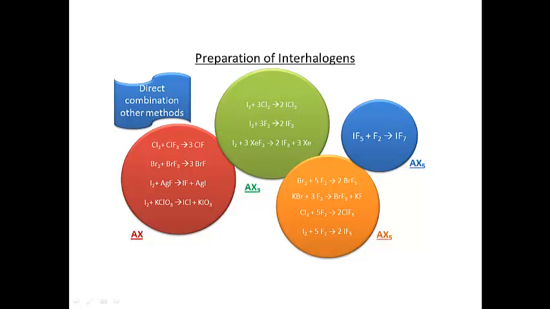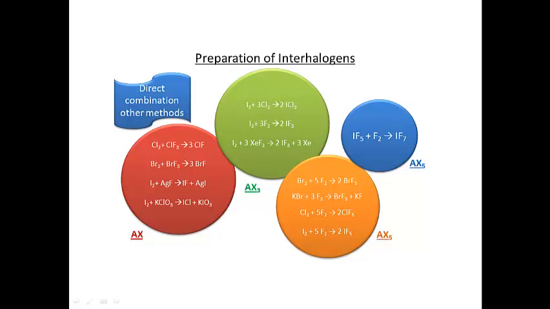Iodine with silver fluoride gives iodine fluoride plus silver iodide. This happens as silver has a large atomic size. It likes to form a bond with iodine, where the relative size between silver and fluoride is different.